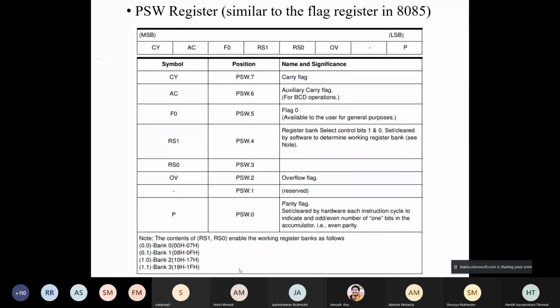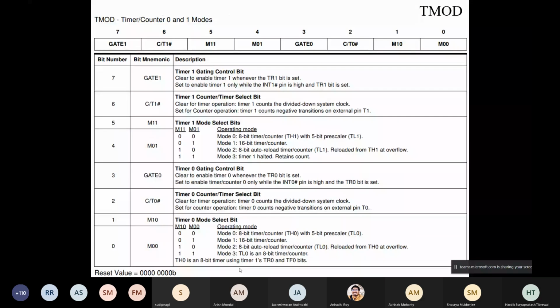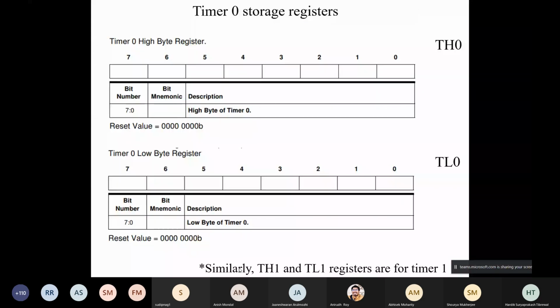You have to refer to this PSW many times, so we can cover it before the instruction set. But after or during the instruction set, I'll come to the timer counter registers, the timer mode select register, and so on. We'll come back to these slides at least a couple of times, but not now.